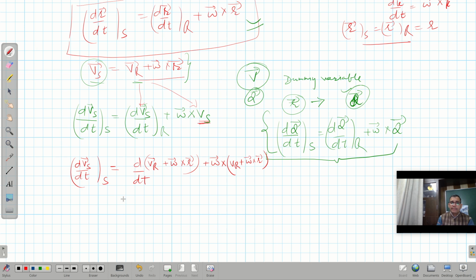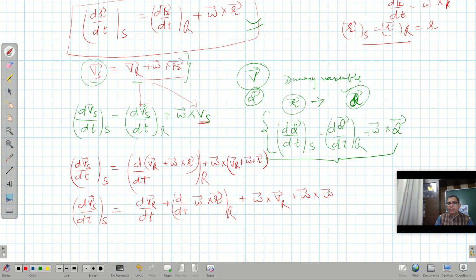So what I am getting finally is dvs over dt in S frame is equal to dvr over dt plus d upon dt of omega cross r, because it is for the R frame, plus omega cross vr plus omega cross r.